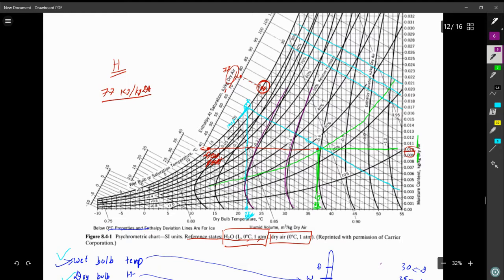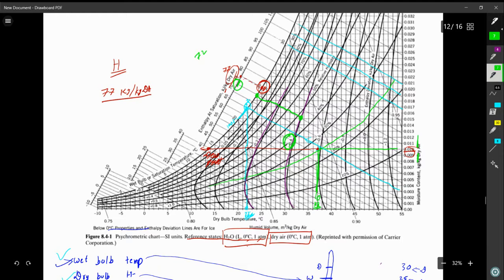So basically what you do, let's see at this point, is the color visible? Let's see at this point, and what this reads is 0 minus 0.4. So what you do is you travel along the wet bulb line, reach the saturation, and read the enthalpy from there. Let's say here it is 72, and then you add whatever is the deviation.